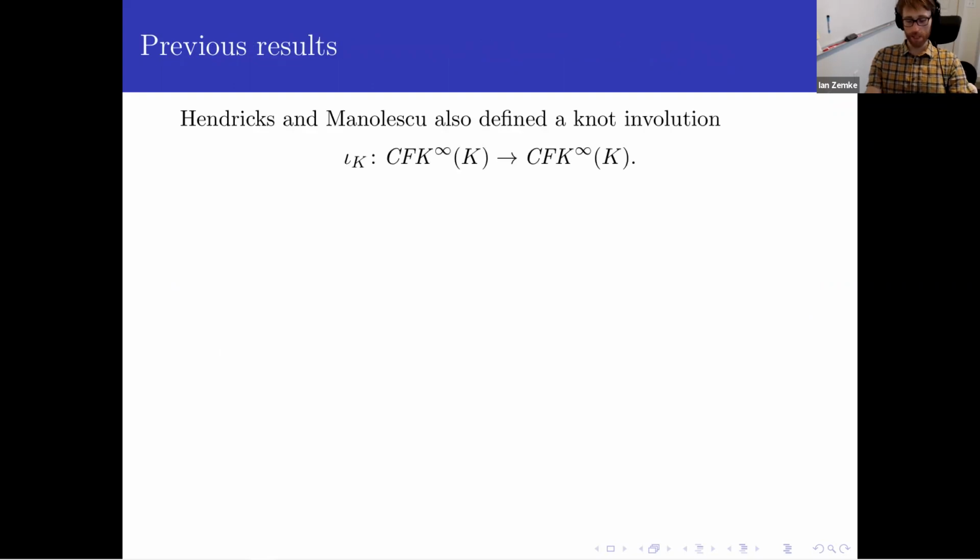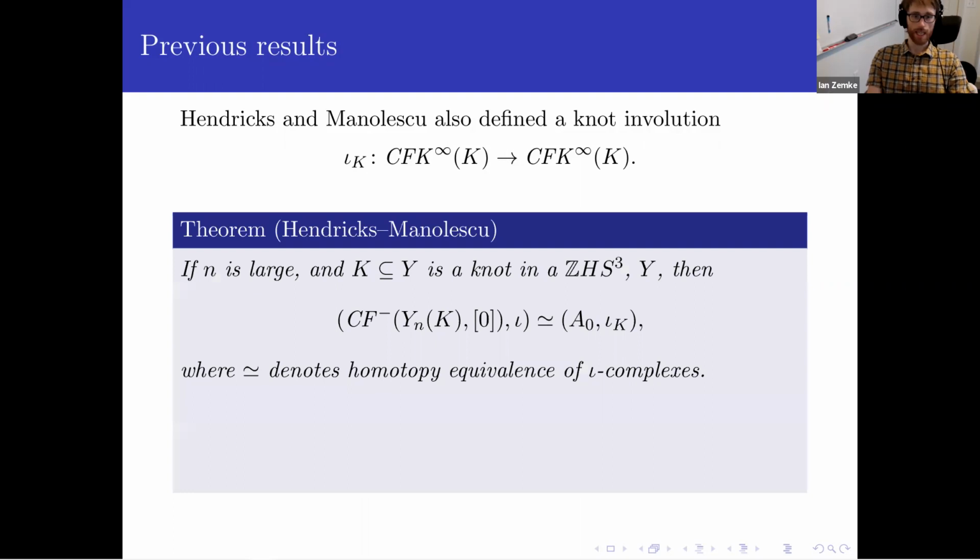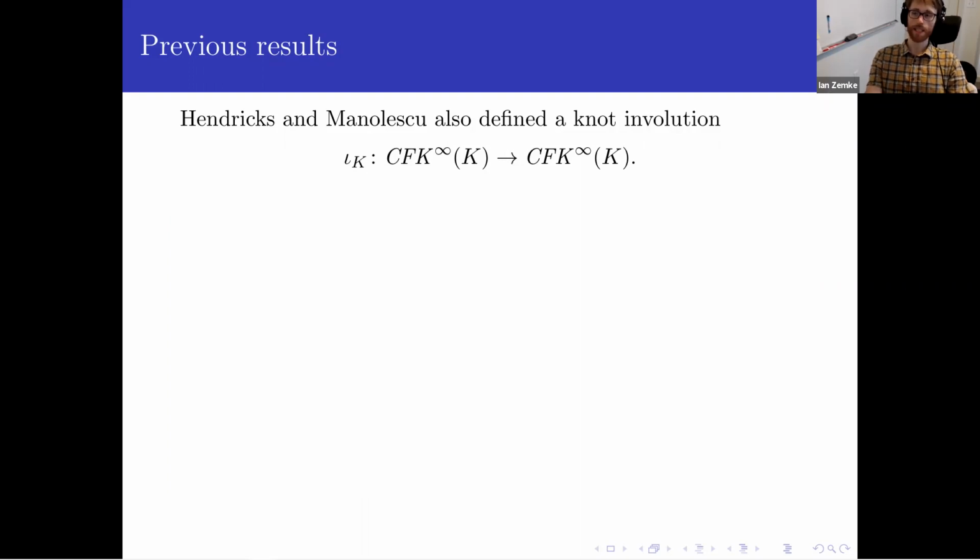In their original work, Hendricks and Manolescu defined this involution, which is actually not an involution, but it's an endomorphism of CFK infinity. It's not an involution because it doesn't square to the identity map, but it has a very predictable square. It squares to something that's very easy to understand.